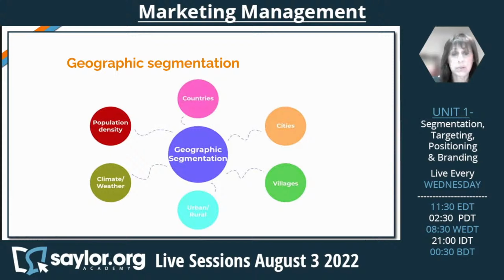Do they live in highly densely populated cities? What's the weather like in those particular areas? If we think about all of those factors, people that live in varied locations will be making different purchase decisions. So it's important to understand the characteristics of geographic segmentation and how that will influence what we buy, what we do, where we go, and how we think.